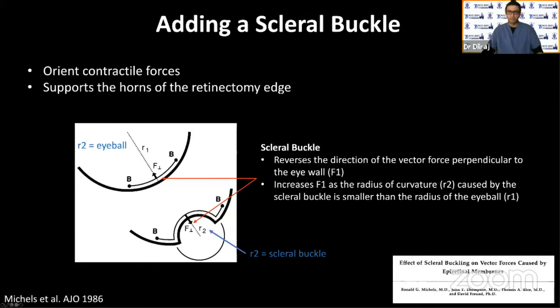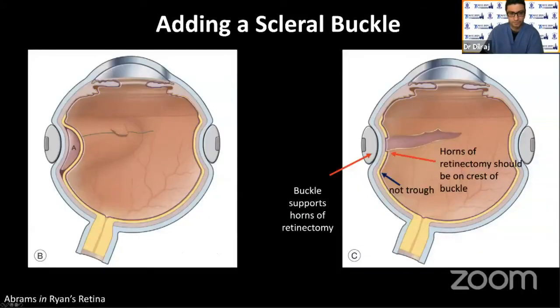So again, this has no relevance in a 360-degree retinectomy, but if you're performing up to 180 degrees, it does help to reverse the direction of the vector forces that are perpendicular to the eye wall. And it increases the inward force because the radius of curvature that's caused by the buckle is much smaller than the radius of the eyeball itself. And it provides you that additional support.